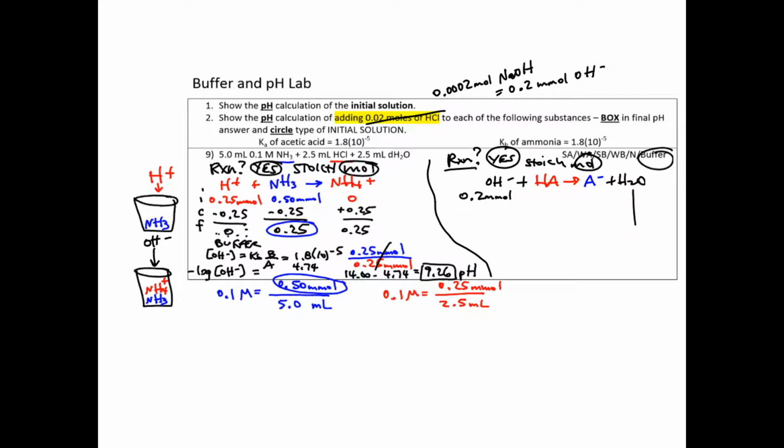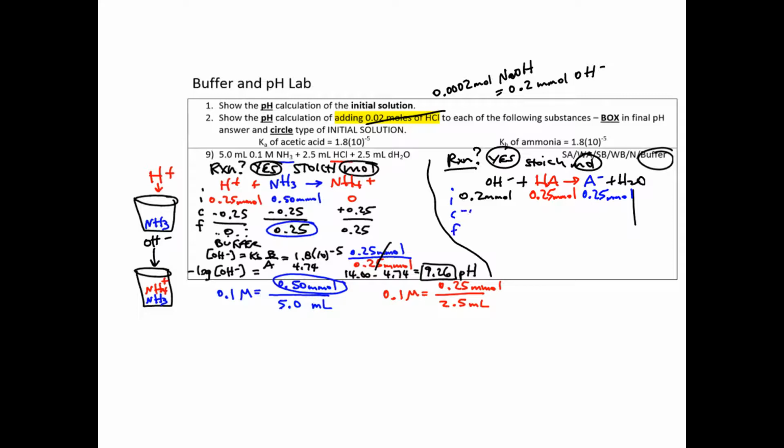We also already know the millimoles of the NH3 and the NH4 plus. I did this in millimoles last time to just get rid of some zeros. So the HA is 0.25 millimoles and the A minus is 0.25 millimoles. The limiting reagent is going to be the OH minus.